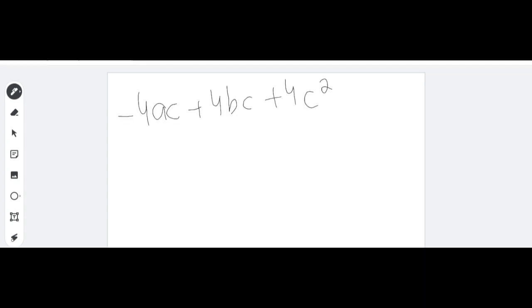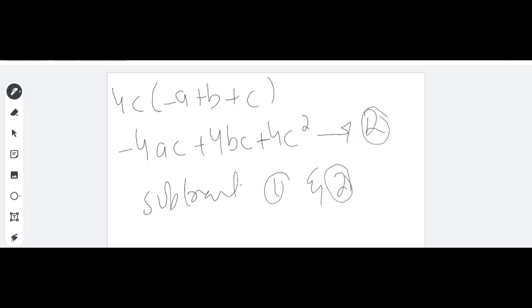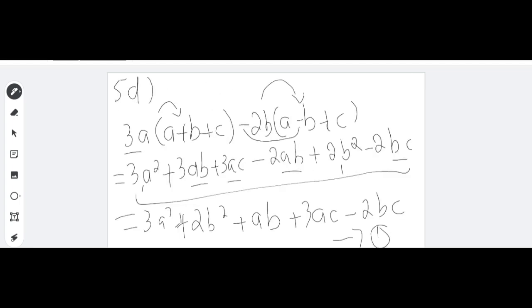The first expression is bigger because of its numerical value. So I have to place the values which are compatible, like with ac, bc and c. Can you help me pick where is ac in this? Do I have the ac in this expression? Yes, ma'am. Do I have the bc in this expression? Yes, ma'am. Do I have the c square in this expression? No. It means that I have to place ac and bc.